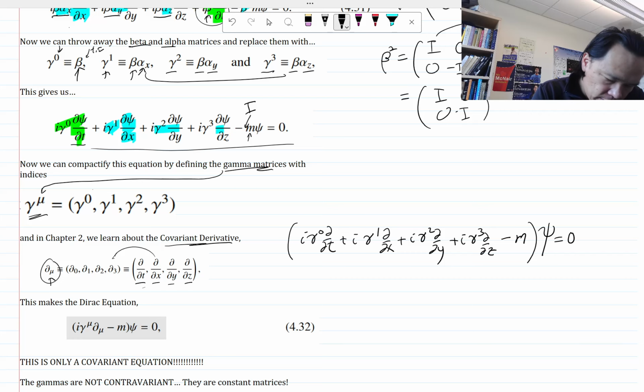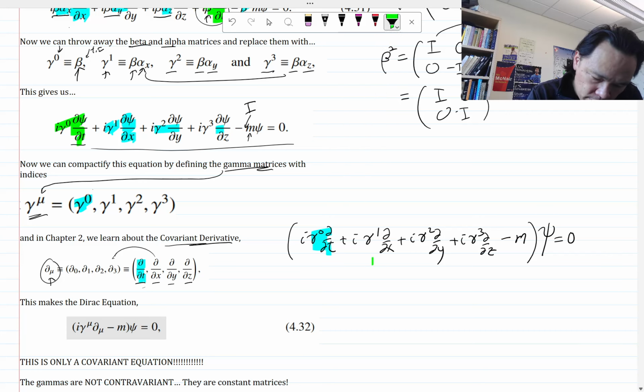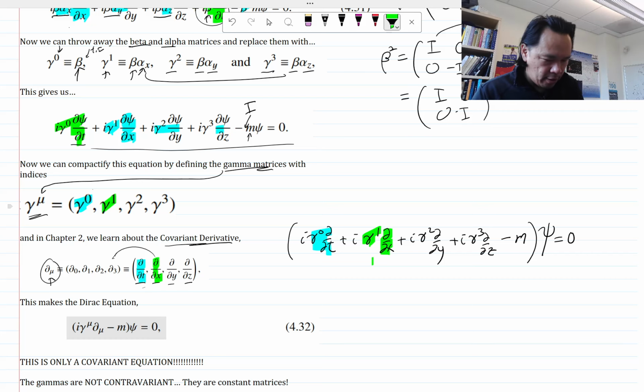So this, I'm going to do my highlighter trick again. This blue piece is this part and this part together. And then let's do one of the spatial components, partial by partial x, gamma 1 is this part with this part together, with an i in front.